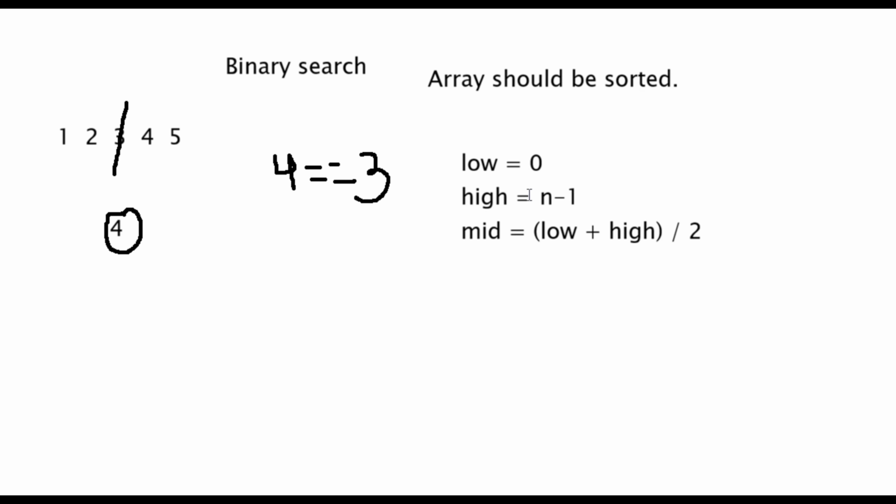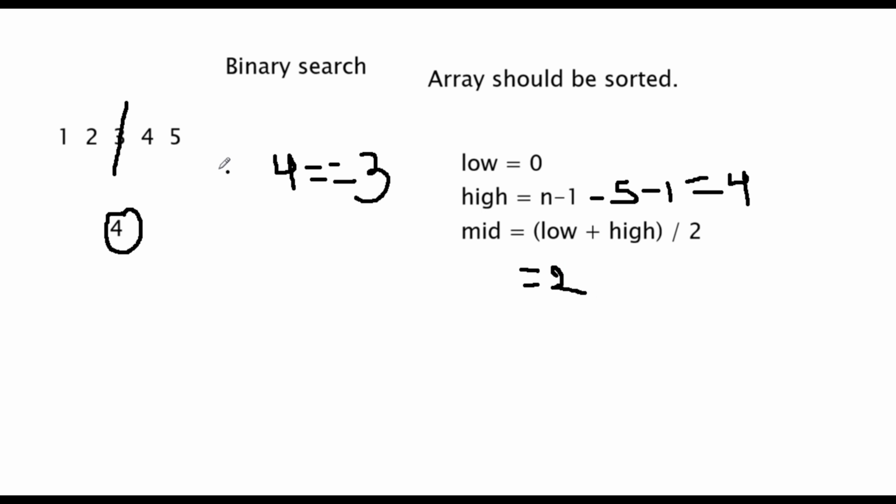We already know the low value is 0. For the high value, the number of elements is 5, 1 2 3 4 5, so 5 minus 1 is 4. Low plus high by 2 means 4 divided by 2, that is 2.